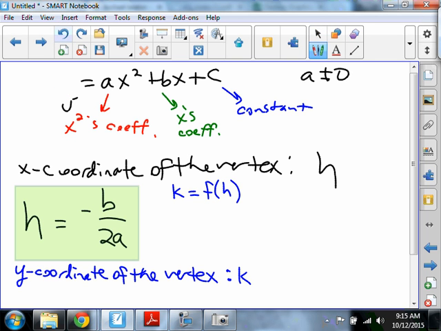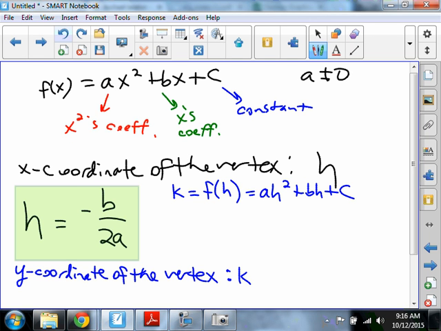So instead of having y equals, suppose we had f of x equals. Okay, so all they're saying is to find k, you just plug h back into the original equation. So in other words, it would be a h squared plus b h plus c. You plug h back into the original equation in place of x, and that's how you find k. That's how your book tells you to do it.